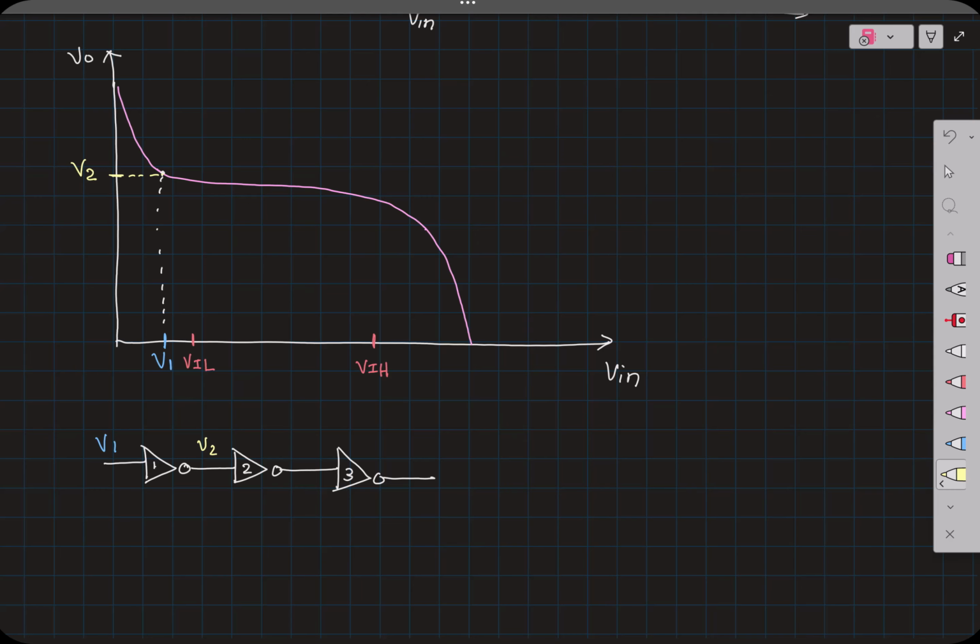Roughly, right? Of course, I have not given you exact values. So based on whatever you are able to follow, try how the outputs are going to be. Right, so you have V2 here.